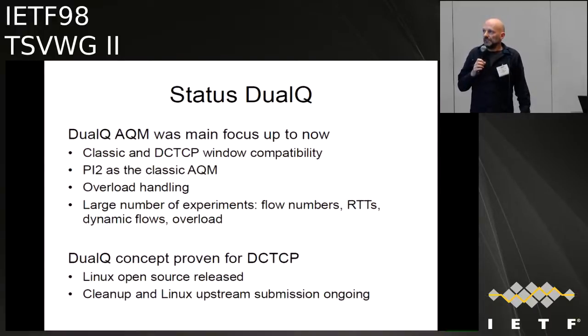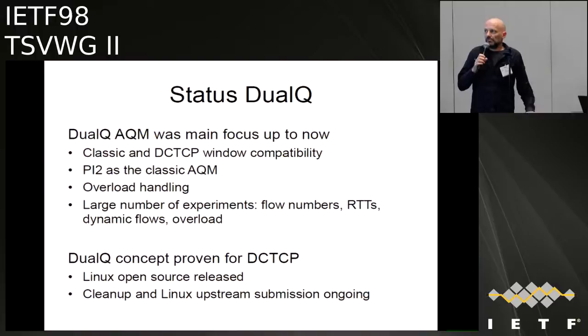The dual queue itself, the drafts, was actually the main focus up to now. So I think we are pretty happy with what we have. We can support compatibility with classic and data center TCP, window compatibility. We have pi square, which is quite good and combines well with the dual queue concept.